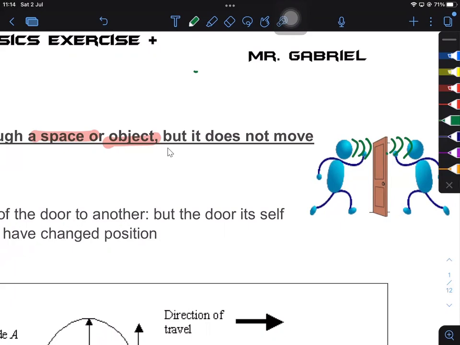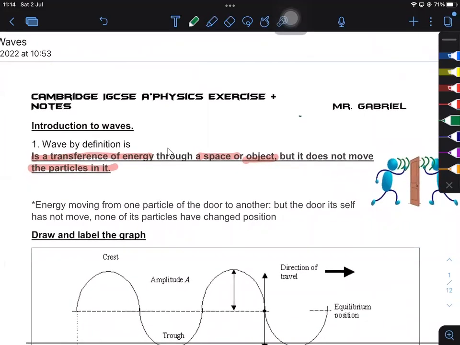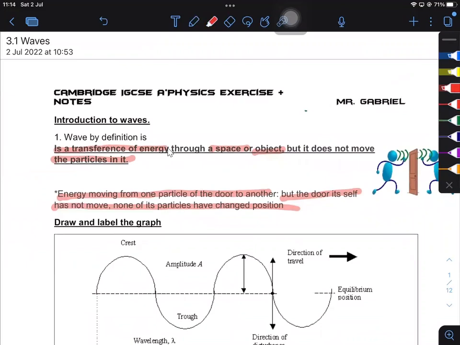In reality, sound will not move anything. It will only transfer energy. And because it only transfers energy, it will never move anything. So from here, you can see that it does not move the particle. They basically just transfer energy. So if you look at the statement here, energy moving from one particle of the door to the other, but the door itself has not moved. None of the particles have changed position.